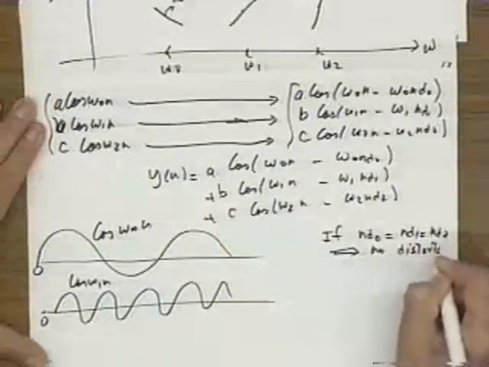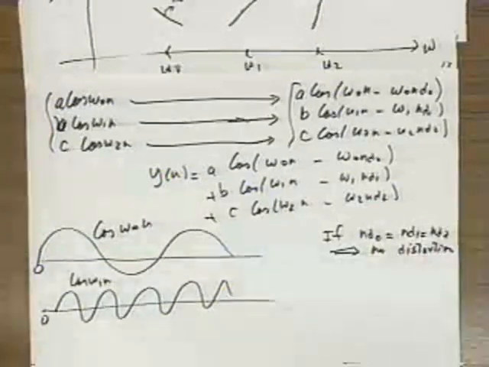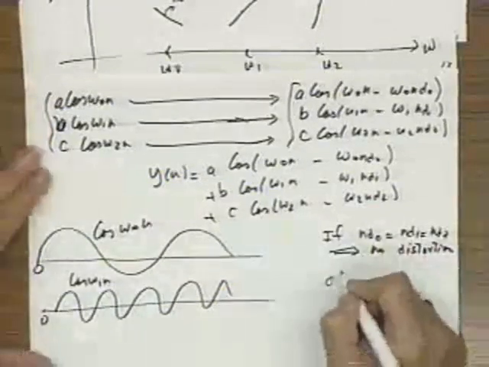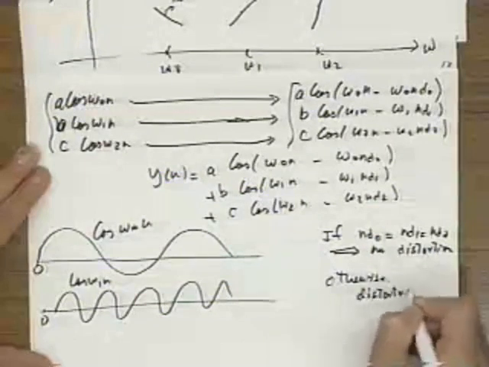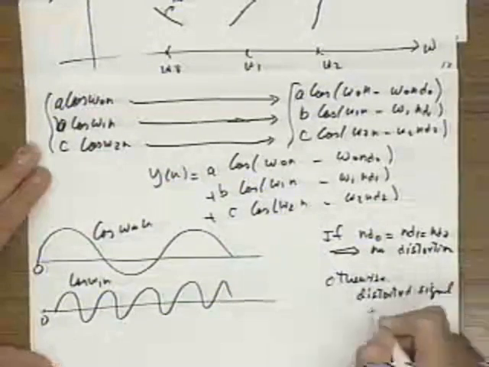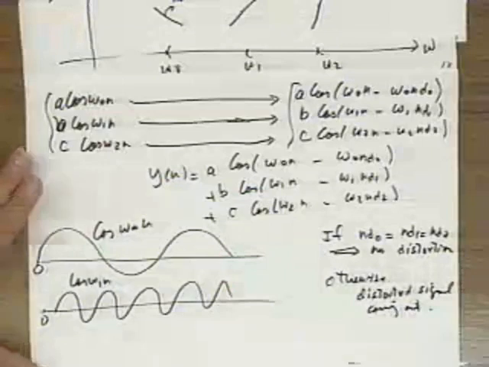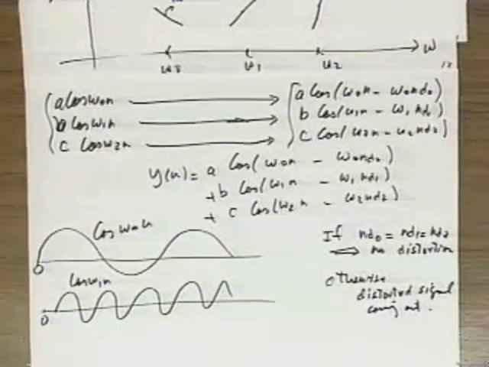So the conclusion is more or less what I said earlier. If n d naught is equal to n d1 is equal to n d2, I get no distortion. The phase relationship between these things remains the same. But otherwise, I get a distorted signal coming out.